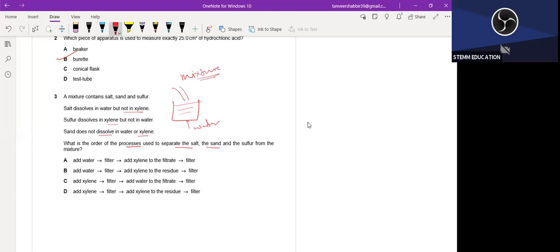After adding it, the salt present in this mixture will dissolve into the water, and after dissolution, I will filter this. So I will use filter paper.